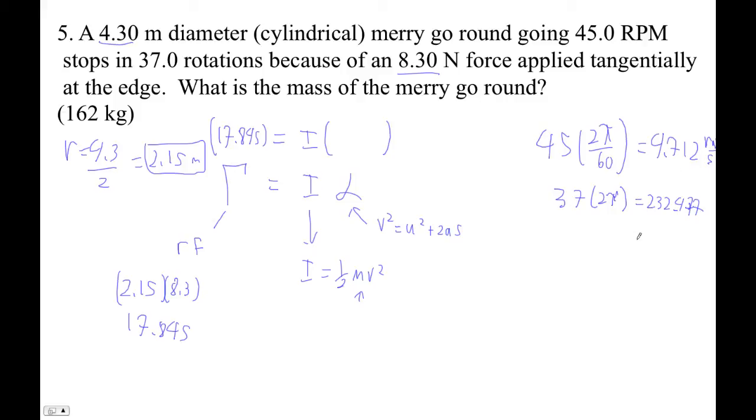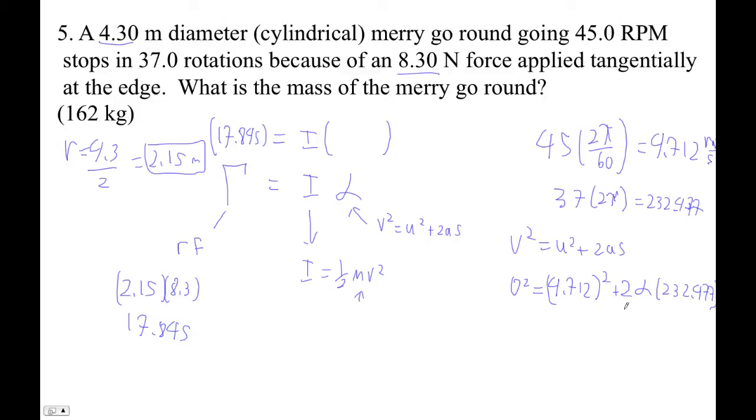Now, I think we don't use t, right, again. So V squared is u squared plus 2as, and so 0 squared is 4.712 squared plus 2 times alpha times 232.477. Okay, so here we go.